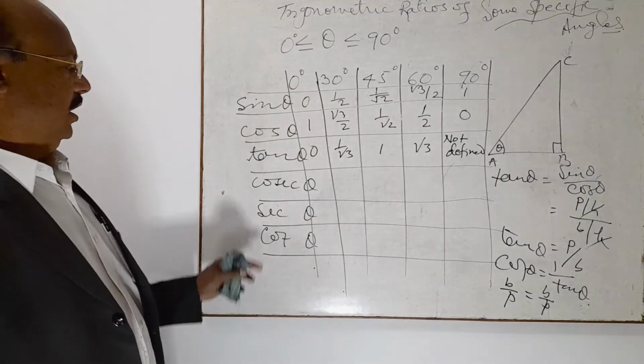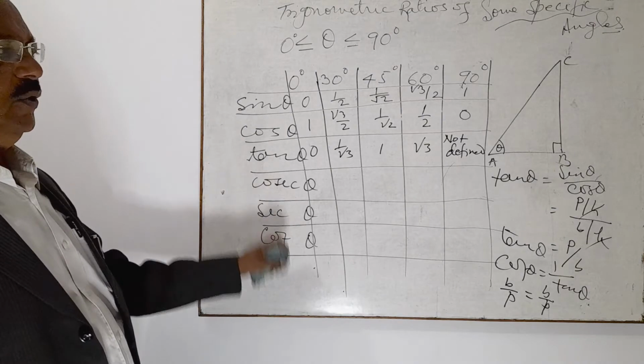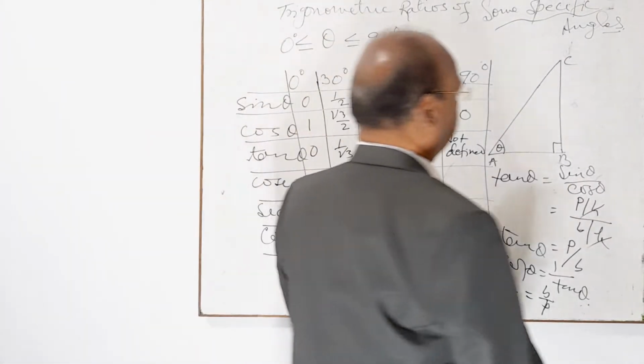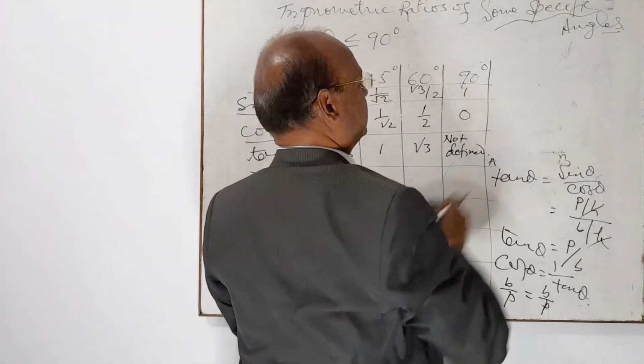Correct? And similarly, we can understand that cosec theta is 1 by sin theta. How can we understand it?